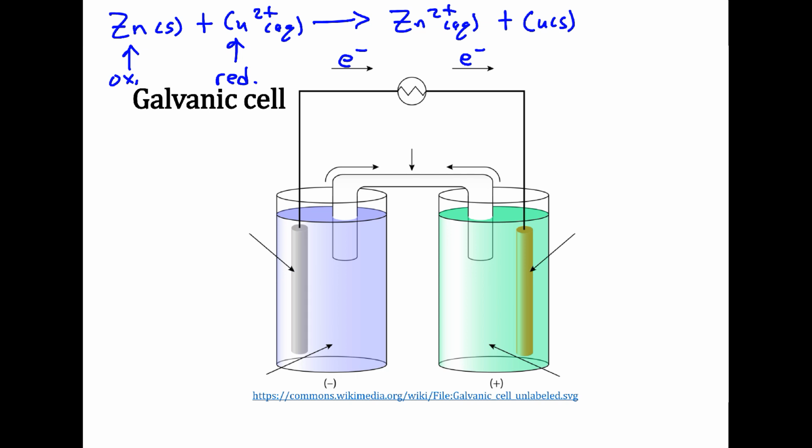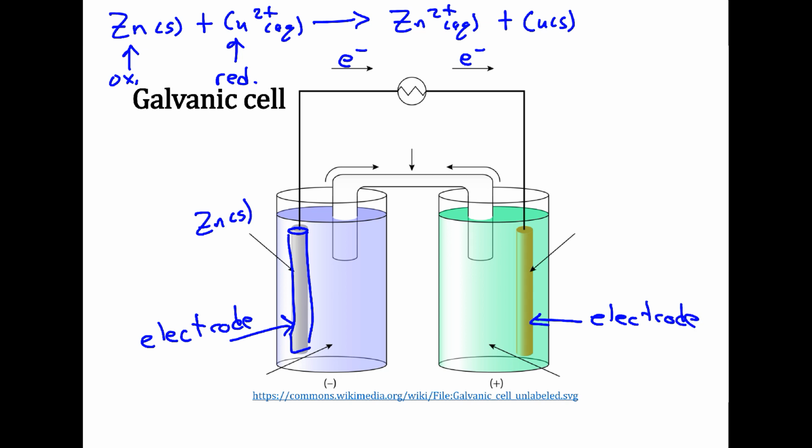So that means that this here represents an electrode. This is a solid electrode. This is zinc. In general, we'll call these electrodes. Same thing over here, that's an electrode.